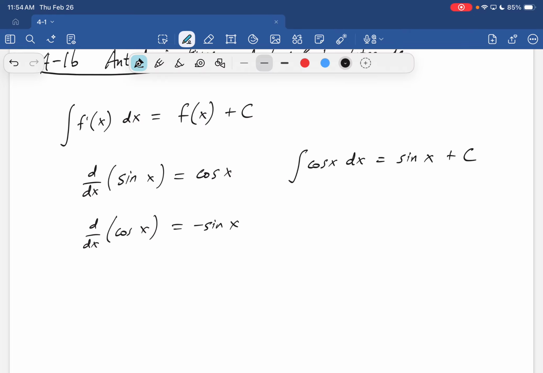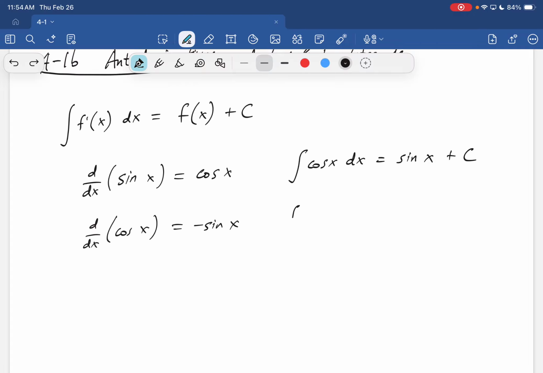An integral is really just a derivative in reverse. So if sine x gives us cosine x, then cosine x has to give us sine x. I understand. That's because the derivative of sine x is cosine x, and so therefore the integral of cosine x must be sine x.